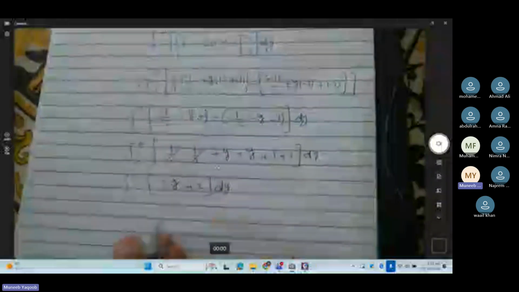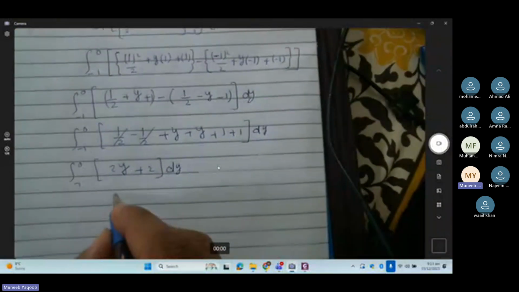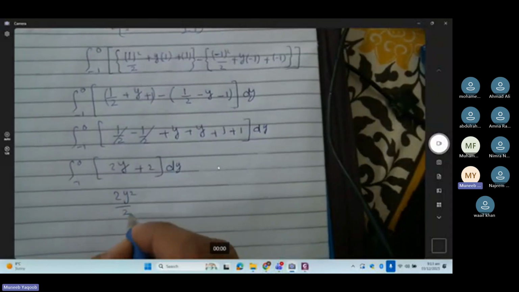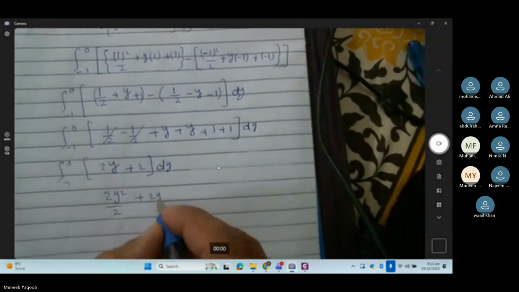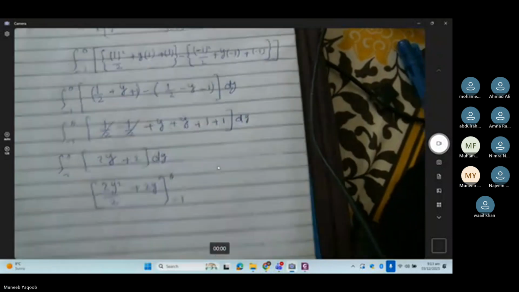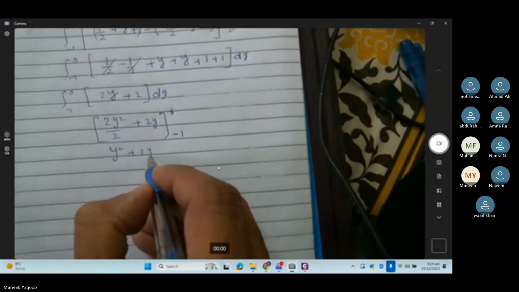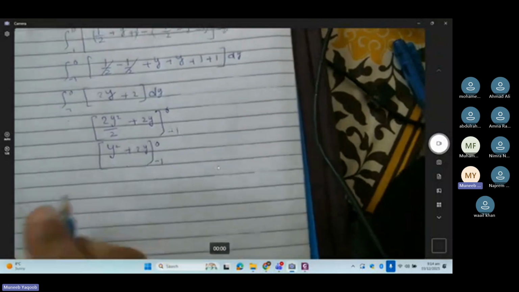So now this is a very simple integral. The integral of 2y is 2y square upon 2, while the integral of 2 is 2y, from -1 to 0. So it's y square plus 2y, and the limits are from -1 to 0.